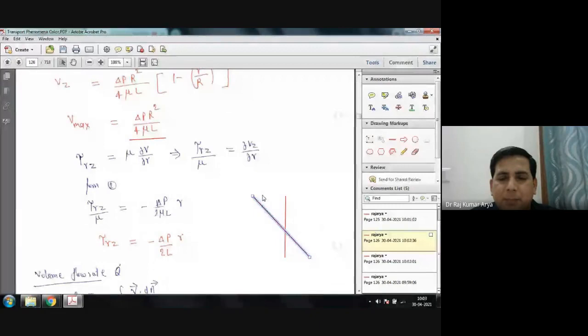If you draw the perpendicular, it will go to the minus r side. So this would be the minus r plane. So both are minus sign. Therefore, your shear force would be on the plus side. So it makes sense. It will try to drag the pipe in the direction of the flow. Same thing for the bottom side.